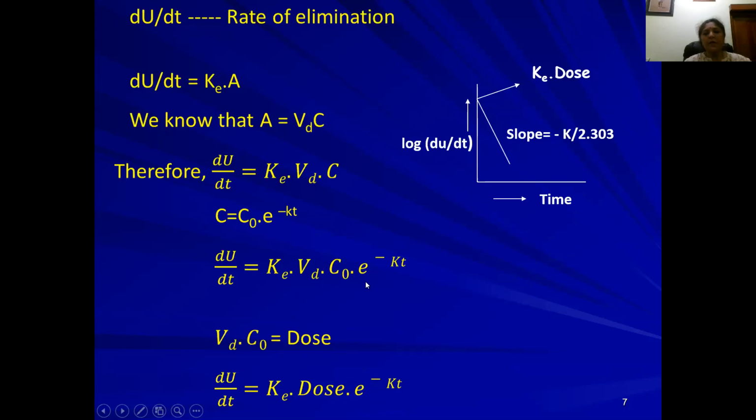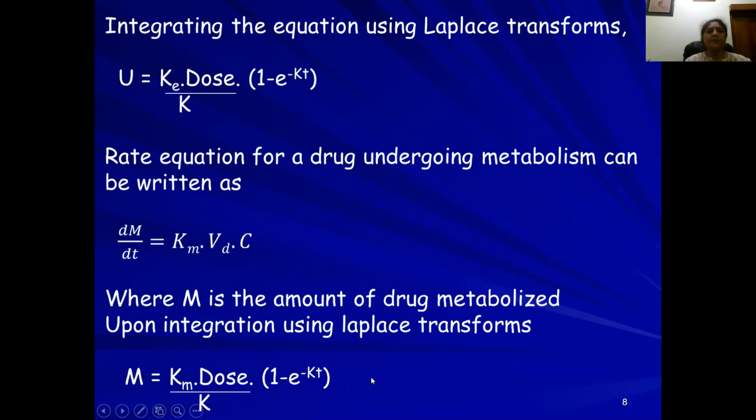So this equation can be written as dU by dt is equal to Ke into dose into e to the power of minus Kt. Integrating the equation using Laplace transforms, we get the equation U is equal to Ke into dose divided by K into 1 minus e to the power of minus Kt.